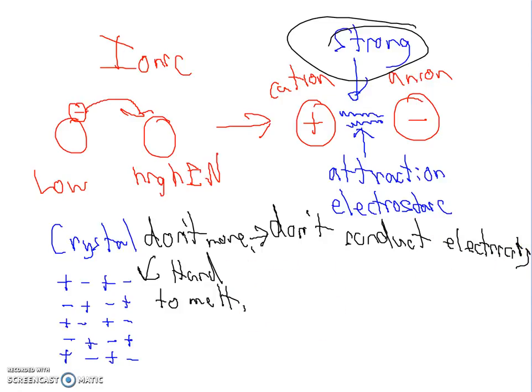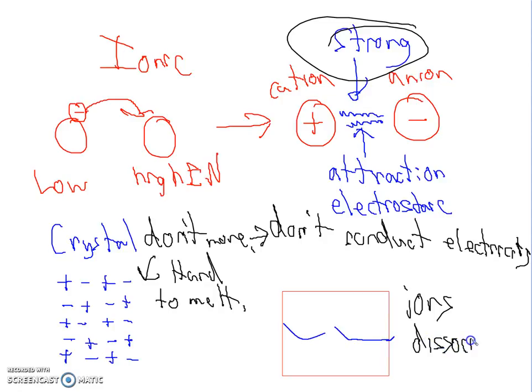However, what happens if you dissolve it? Well, if you take some water, and you take these crystals and you dissolve them, what happens is the ions dissociate. I don't know if you want to take notes on something, it might help you pay attention.